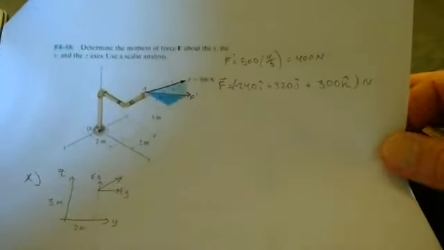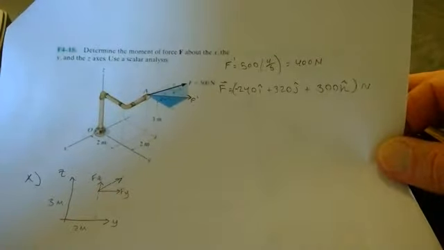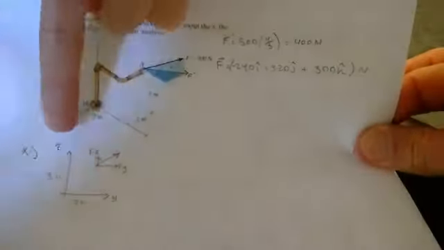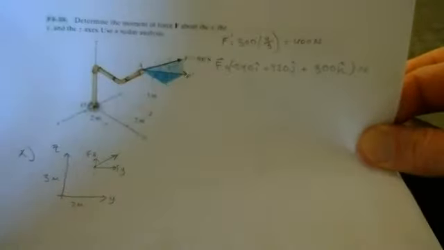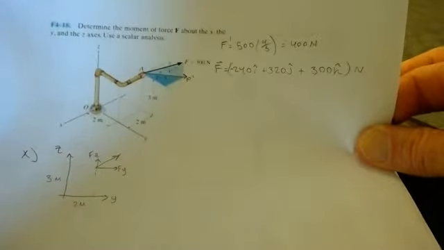So when we have to find the moment about the XYZ axes using the scalar technique, is this where we'd have to visualize where it's pointing? We want to find the X first, so we look at the Z and the Y, just looking down. Yep, doing the X-axis, you've got the Z going up and the Y going to the right, with 2 meters going to the right.